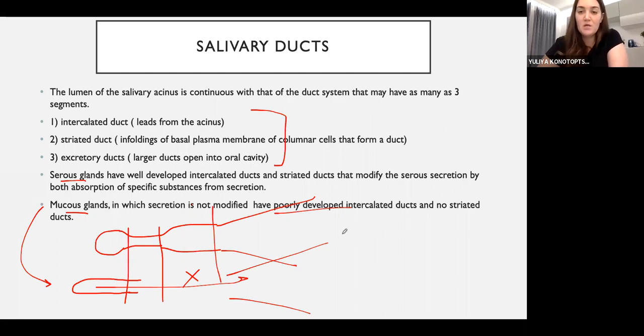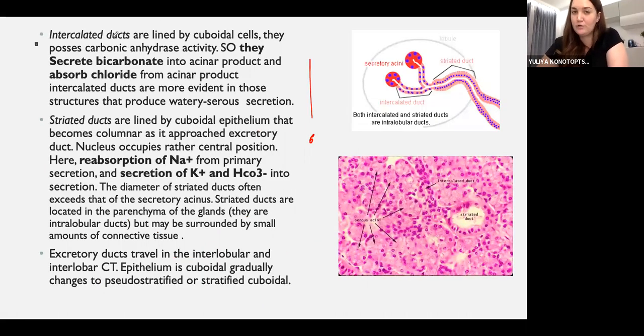What do I mean? Take a look at your intercalated duct. First of all, which kind of epithelium lines it? This is going to be simple cuboidal epithelium. Those simple cuboidal cells possess an enzyme. You don't need to know the name of this enzyme, I just wrote it for you.